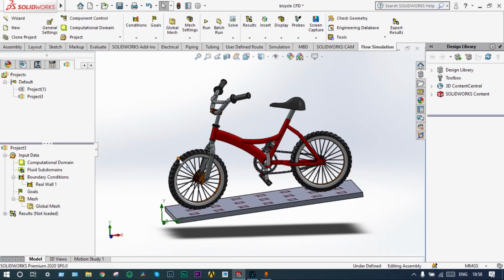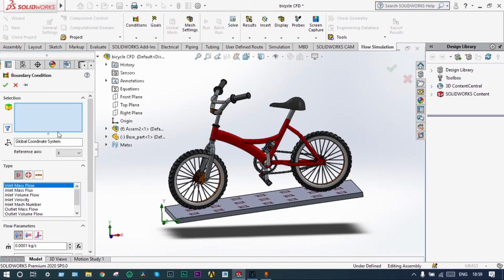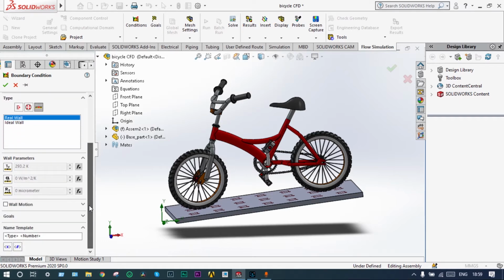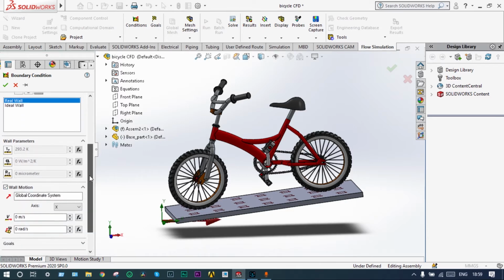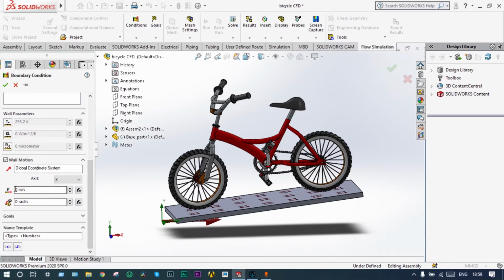Next one, we have to provide the velocity of the wheel. So again, boundary conditions, insert boundary condition, walls, wall motion. We are considering real wall, and let's consider the velocity of the wheel as minus 40 meter per second.